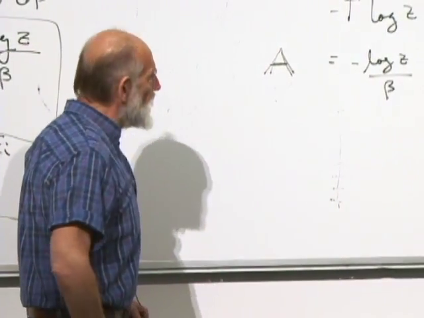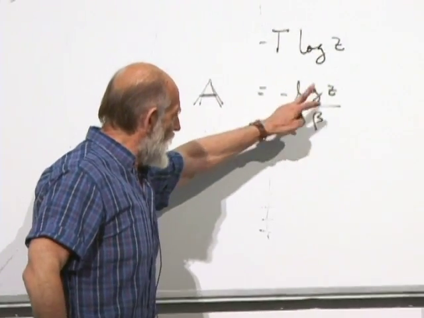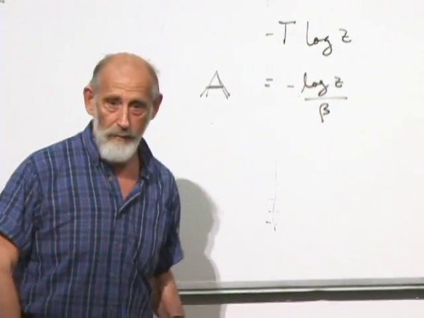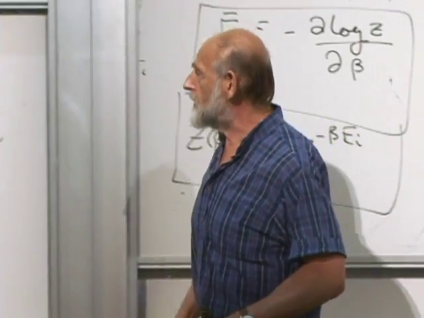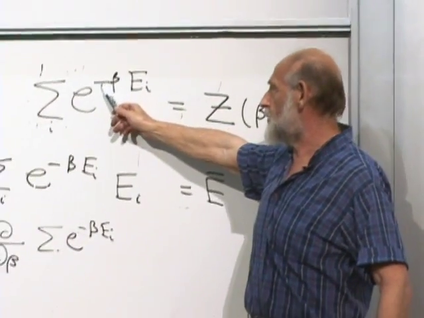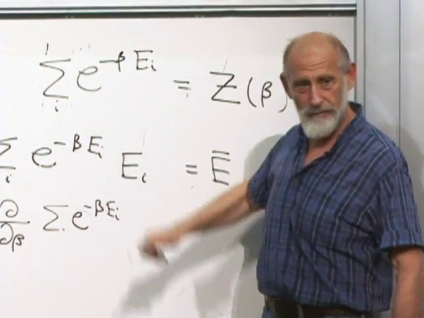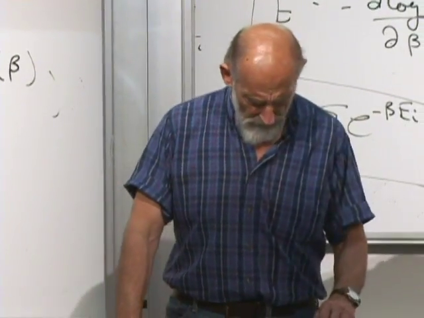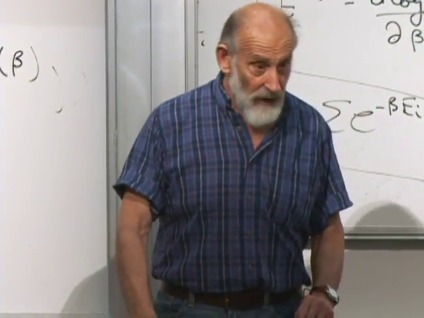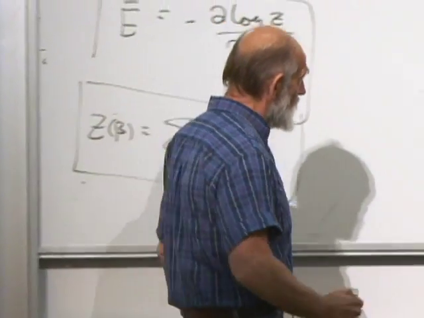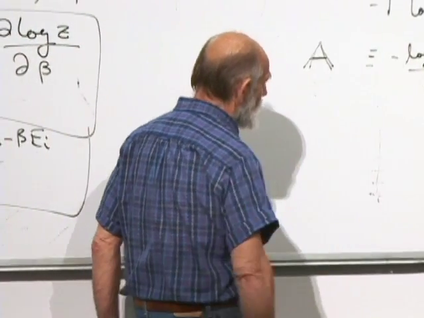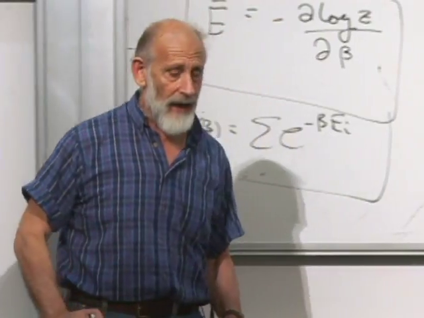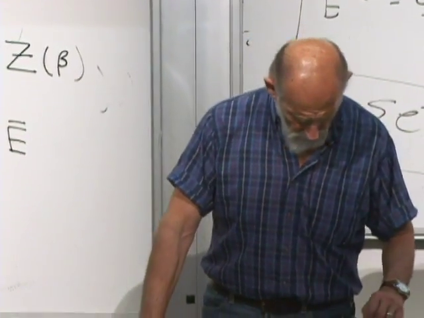It has units of energy, and it's just minus the logarithm of Z divided by beta. Why minus the logarithm? Because the exponential here carries a minus with it. So it's natural to put a minus in front of it. All right, so that's a definition. There's no proof of that. That's the definition of A, the Helmholtz free energy.